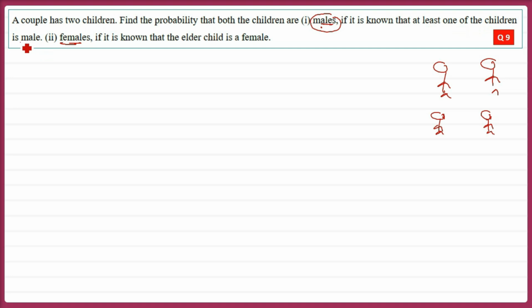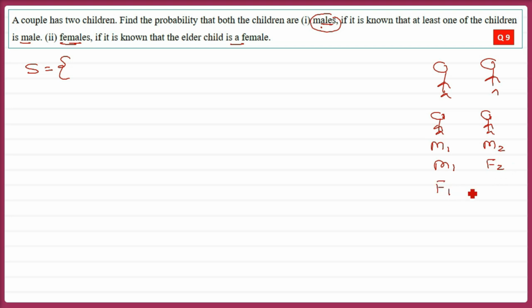So for that, you already know that we have to make a sample space of all the possibilities. Then we make the different sets for all the possibilities pertaining to the question being asked. See, the sample space will always be made. So the first kid can be male, the second can also be male. Both are males. The first can be male, another one can be female.